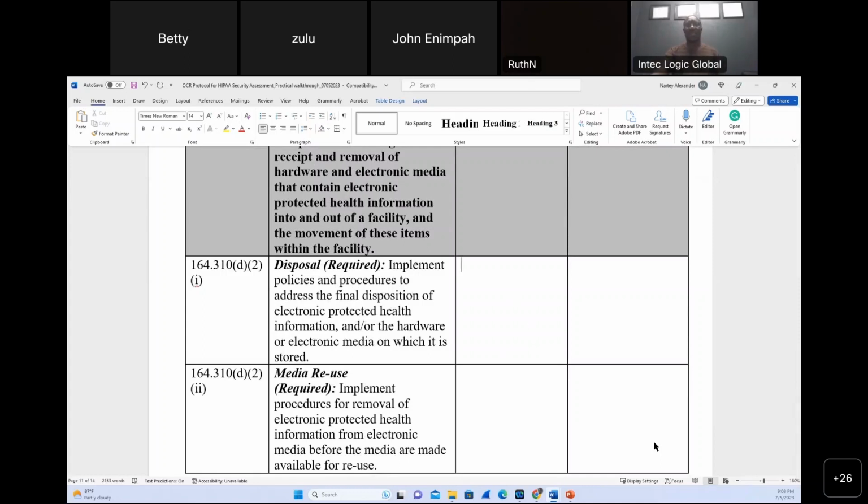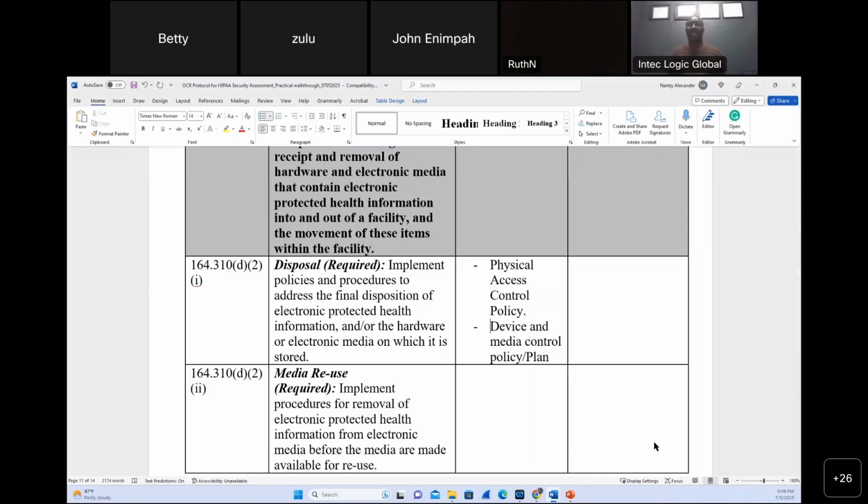The documents that we can ask them to provide for review can be a physical access policy, or a device and media control policy. That is also a huge one, right? Or maybe an asset management policy.